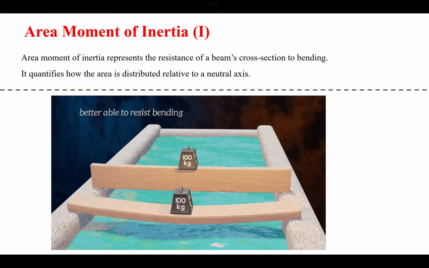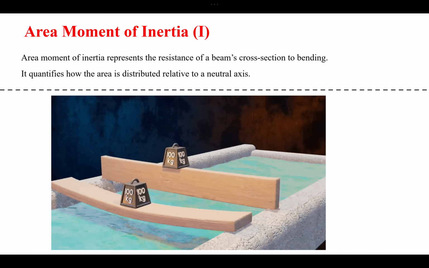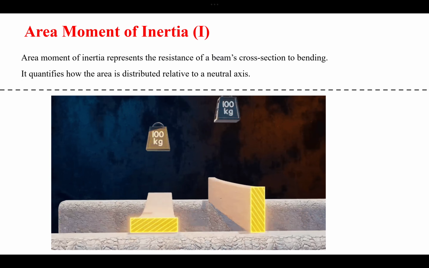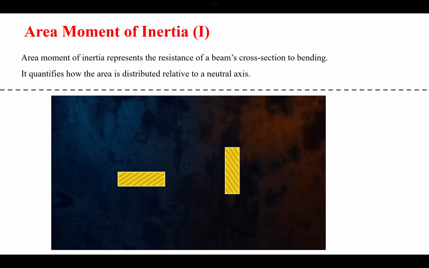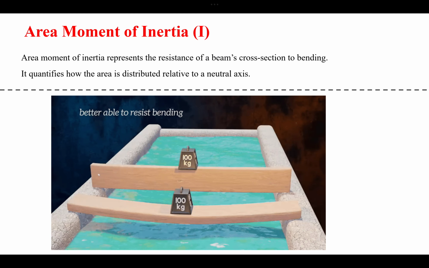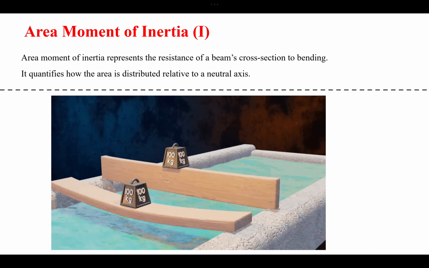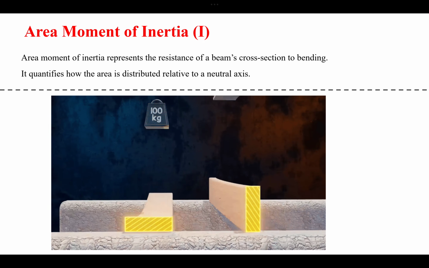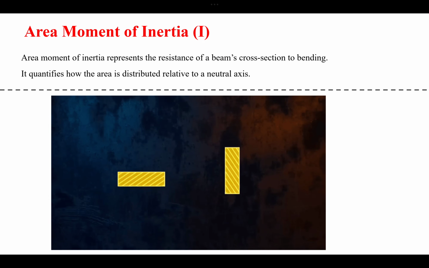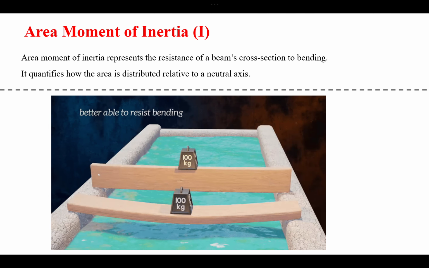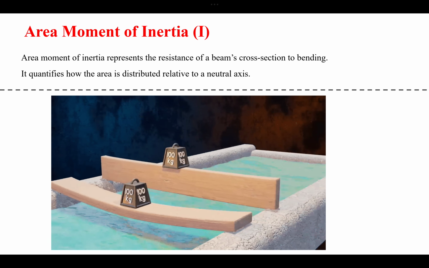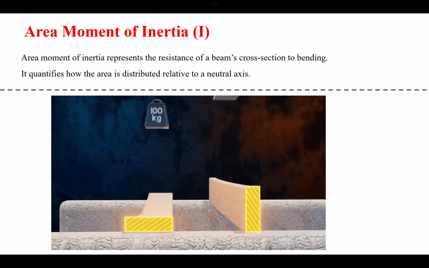If you look at the bending axis, the vertical one has more area above and below, or it is further above and below the bending axis, but the flat one has the area distributed very close to the bending axis.